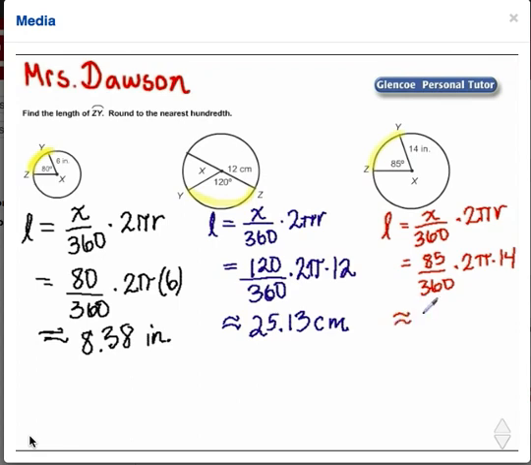So our approximation would come from 85 divided by 360 multiplied by 2 times pi times 14, which is approximately 20.77, and our units are inches.